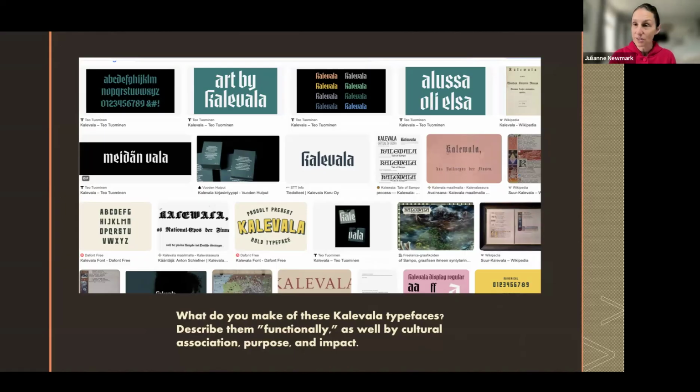Now, to my Finnish students, this meant something. They knew about the Kalevala. They had read parts of it. It's an epic poem. It had a lot to do with Finland's independence and their cultural autonomy. So for them, they could, from a keen cultural context, really grapple with what this font looked like, how it was designed, what it meant to them, where they'd seen it.